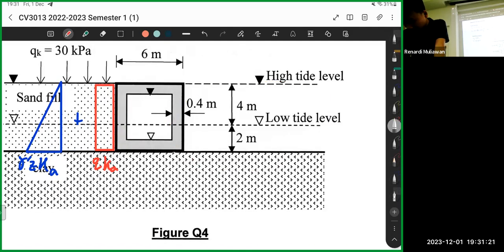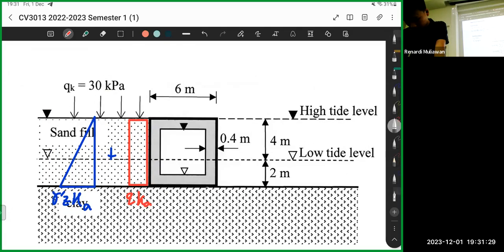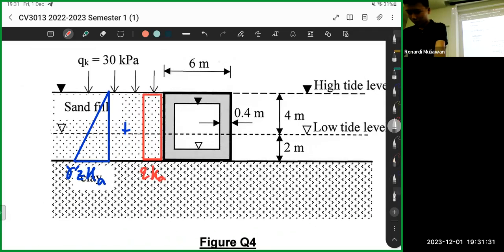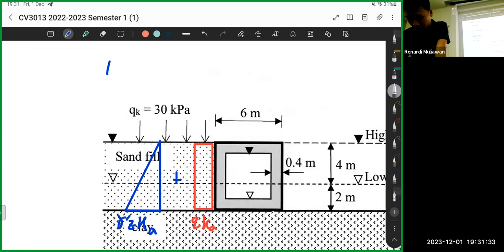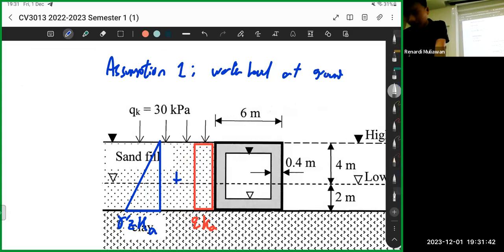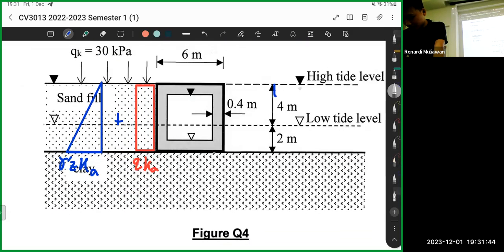Then here we have the water level. Let's do assumption first. Assumption 1, water level is at ground. So if your water is at ground, it means the water will be like this.